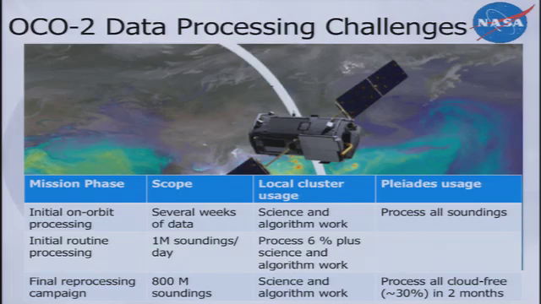And in 2 years, we want to process that data set. Every sounding, you want to process and turn it into a carbon concentration number. The satellite takes radiation measurements, and you need to process the data to turn it into carbon concentration.